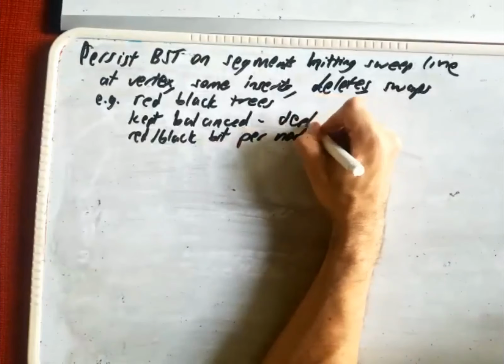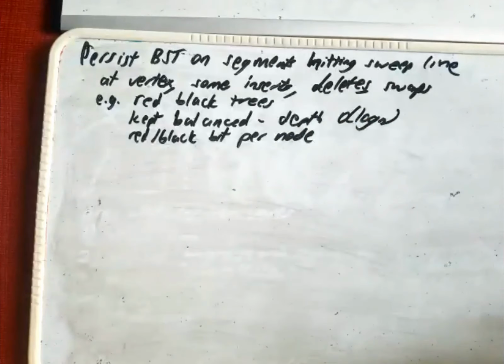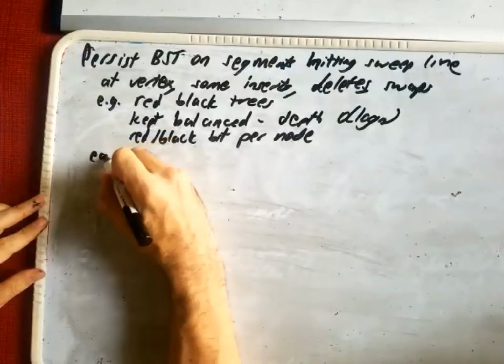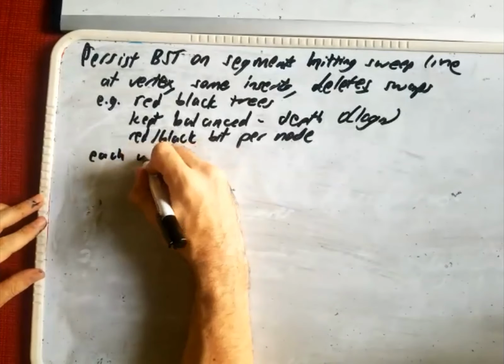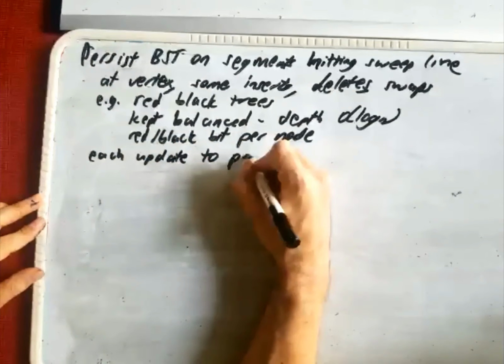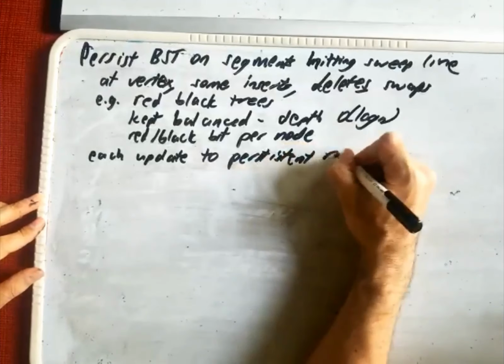But the balance means that the depth is order log n. So let's imagine that we move this sweep line from left to right. Each time we hit a vertex, we do some inserts and some deletes and some swaps of segments based on their order. Each update is done to a persistent red-black tree.